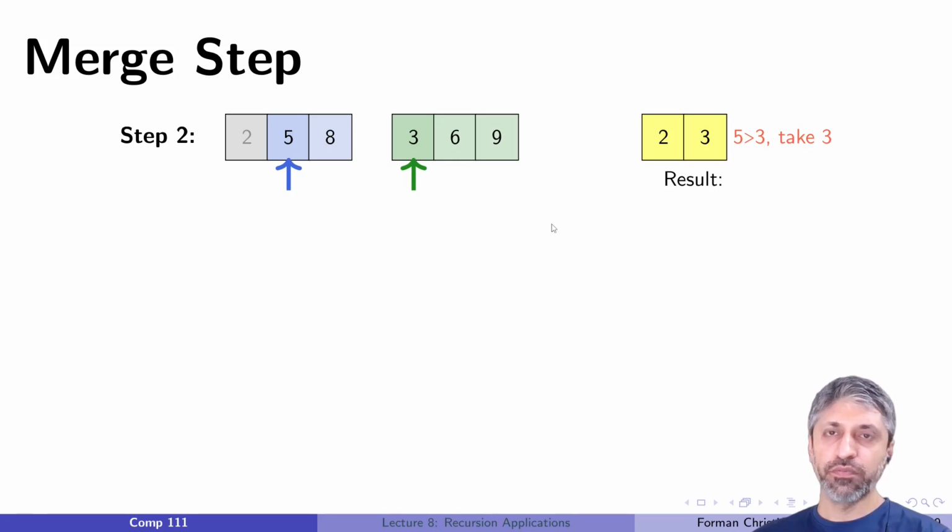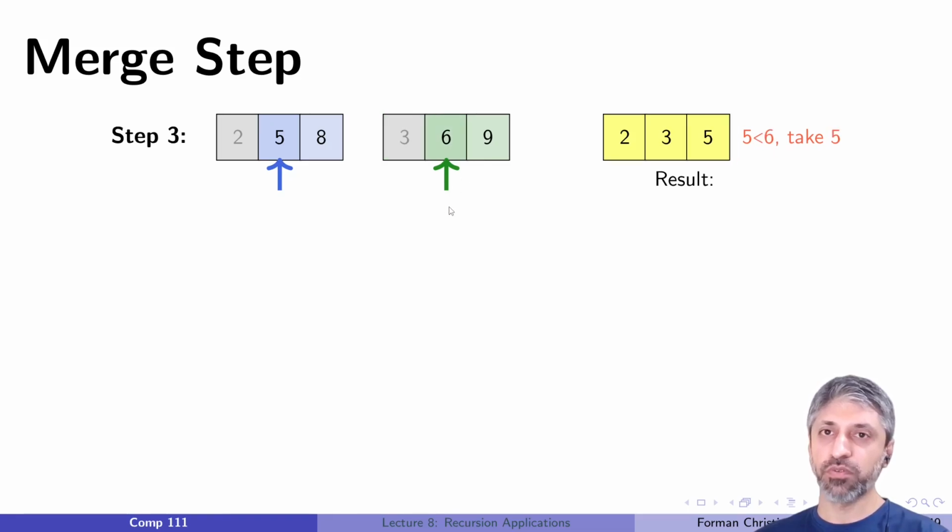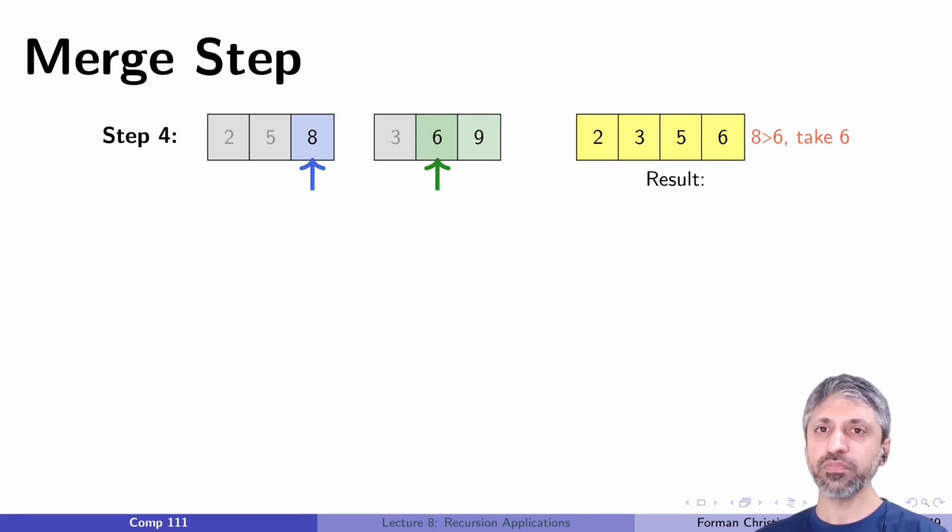At this point we repeat the step. Now comparing 5 and 3, 3 is smaller, we choose that and move the green pointer forward. And now we compare 5 and 6, 5 is smaller, we pick that. Whatever item is smaller, we move that pointer forward. Basically now we're going to move the blue pointer forward.